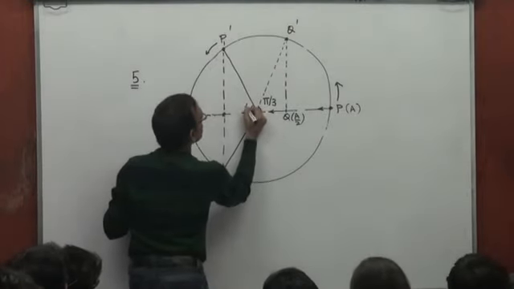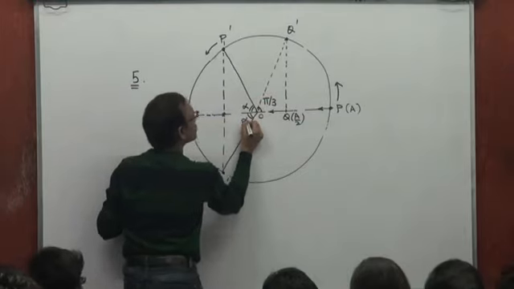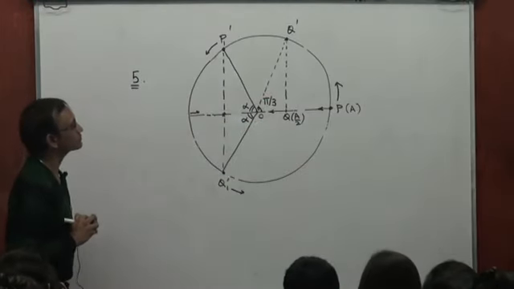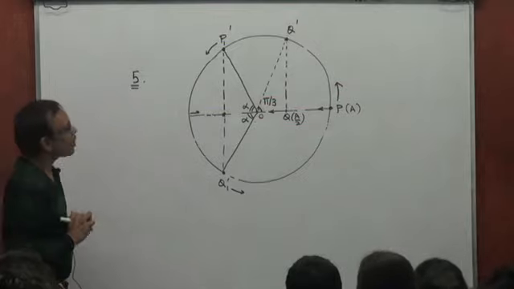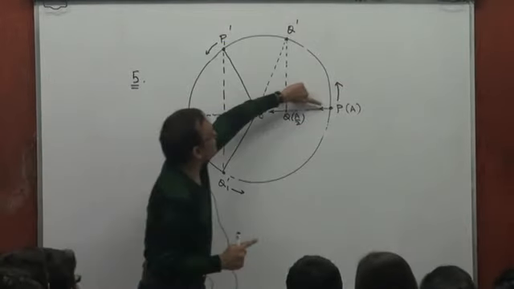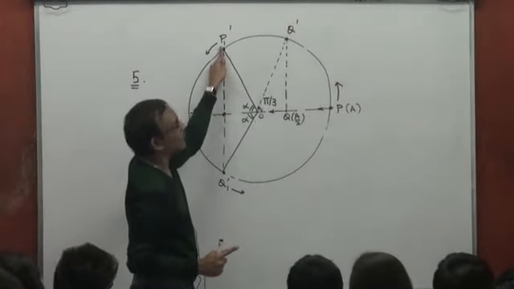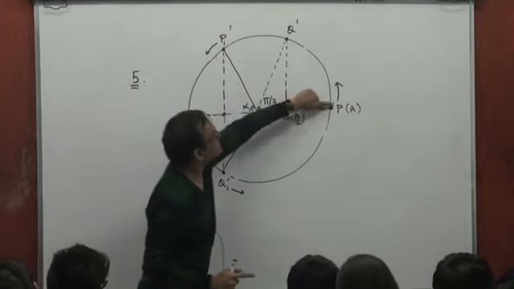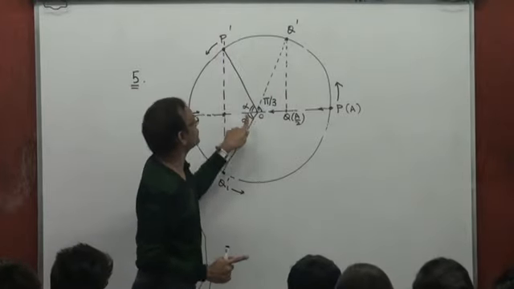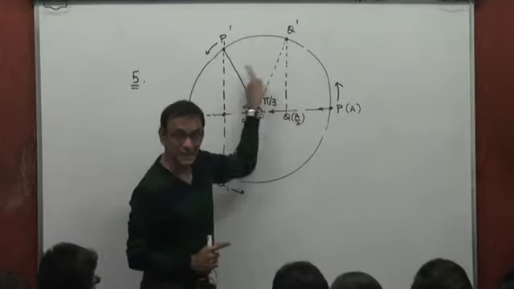Now, if this angle is alpha, this angle will also be alpha. What's the angle described by P at the center? Pi minus alpha. The angle described by P at the center when they bump into each other is this angle, pi minus alpha.